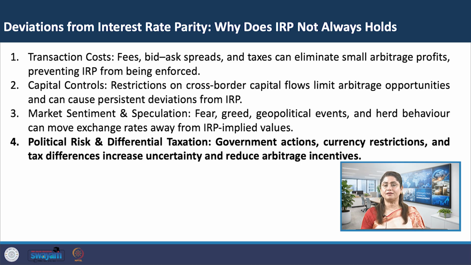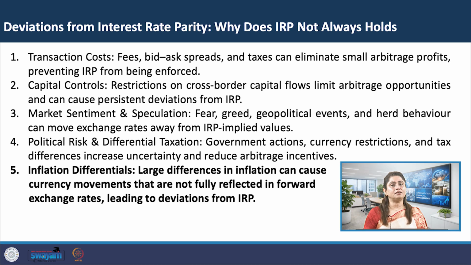These factors add uncertainty and prevent arbitrage from fully enforcing IRP. Finally, the inflation differential. If one country has significantly higher inflation, its currency tends to depreciate. And this depreciation may not be perfectly captured in the forward rate, leading to deviations in IRP.